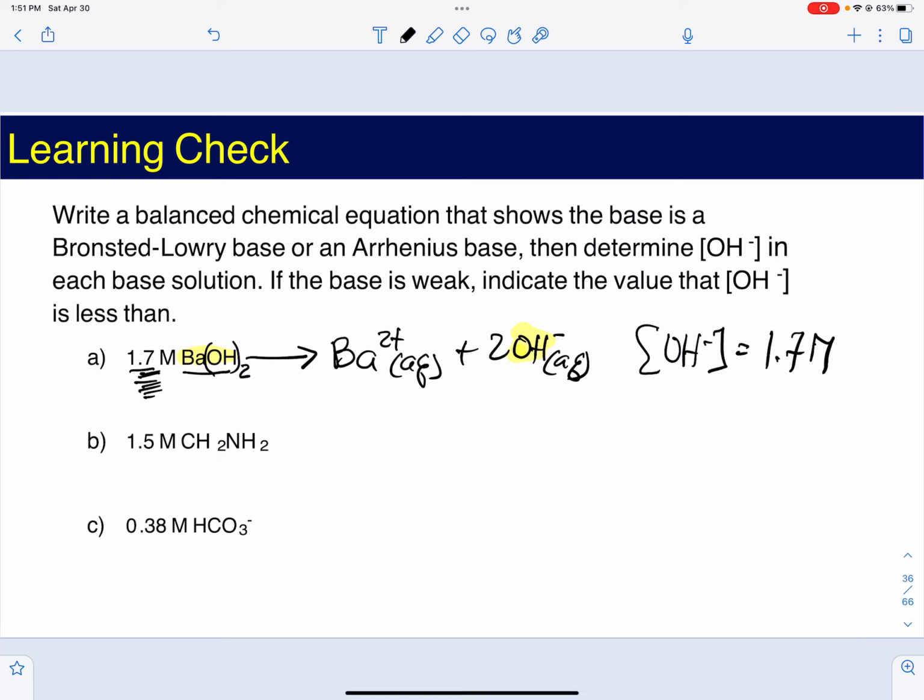The next one is not a strong base. So therefore, we cannot represent it as an Arrhenius base. We're going to have to use the Bronsted-Lowry definition, reacting with water. And that's going to give us, it's weak, so 2 arrows. And that's going to give us bases take hydrogen.